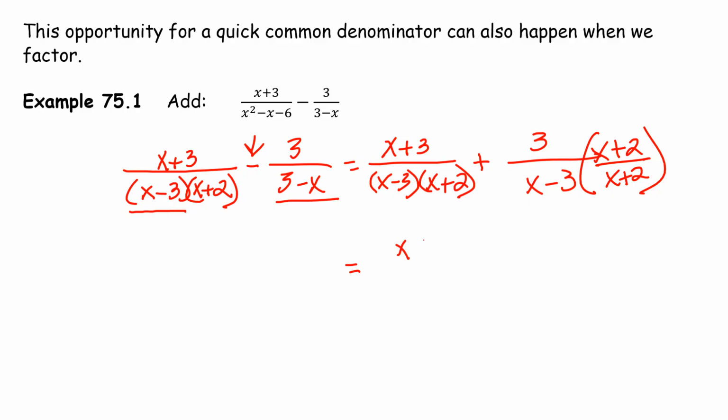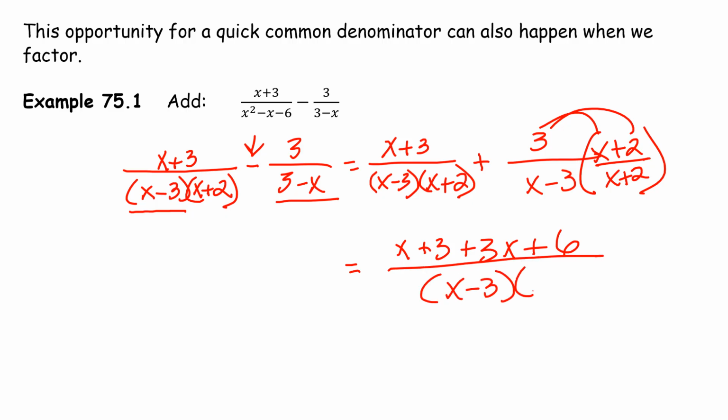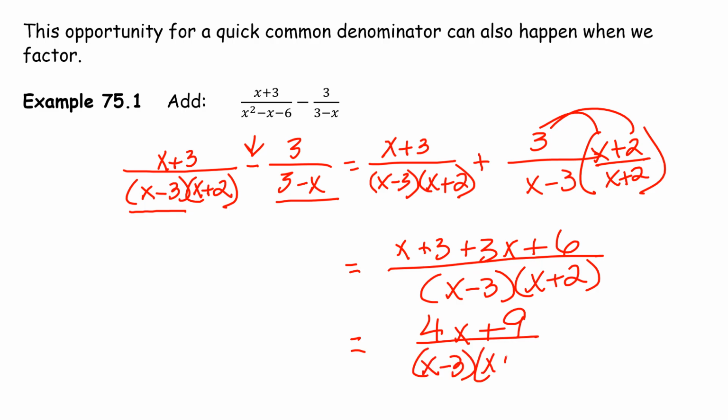So x plus 3 plus, remember to distribute here, 3x plus 6 all over x minus 3 times x plus 2. And that's going to give us 4x plus 9 over x minus 3 times x plus 2.